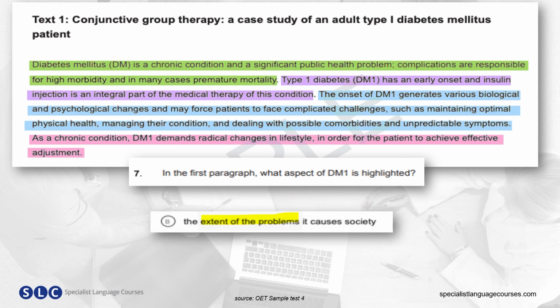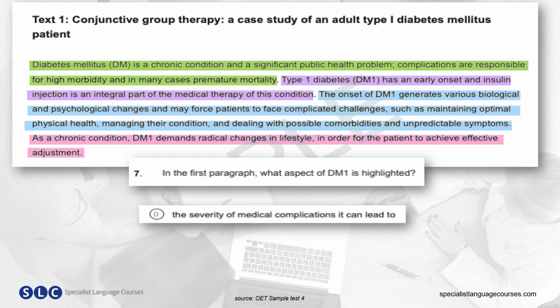Now, option B. The extent of problems is mentioned as it talks about possible comorbidities and unpredictable symptoms, but there's no reference to society. So this can't be the correct answer, as not all of the answer option is talked about. And why is option D incorrect?